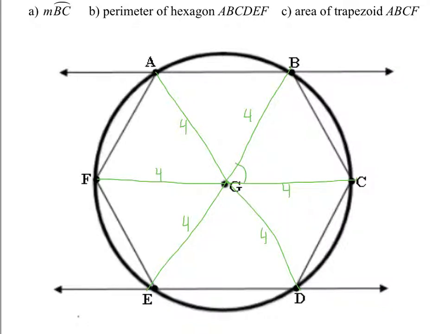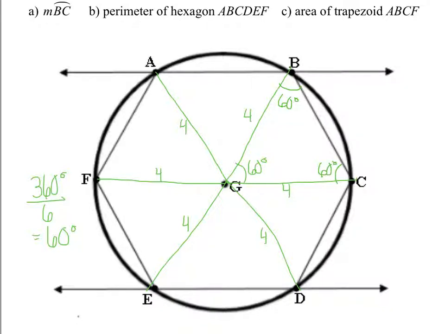So we can figure out this angle by doing 360 degrees divided by the number of angles, which is 6, and that's going to give us 60 degrees. So each of these central angles is 60 degrees. We also know then, because this side is congruent to this side, that these two angles are congruent. And if this is 60 and these two angles are congruent, this must be that all of these triangles are equilateral triangles.